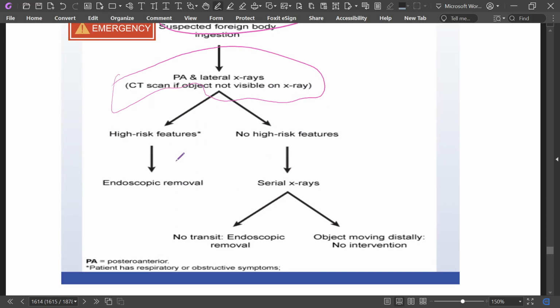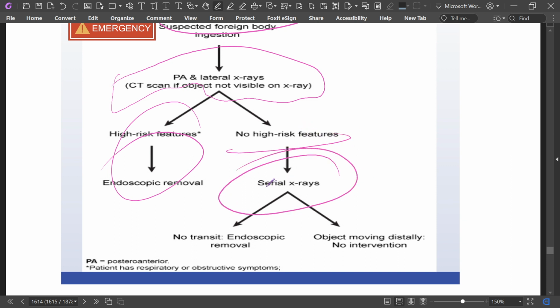If there is no risk feature, do serial X-rays. If no transit, endoscopic removal. If the object is moving distally, no intervention should be done.